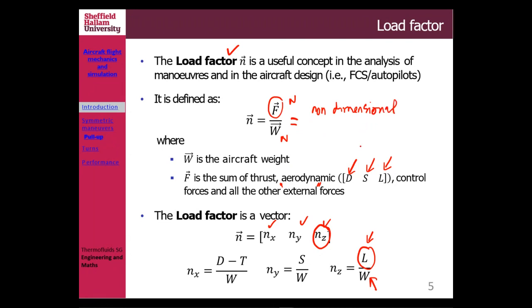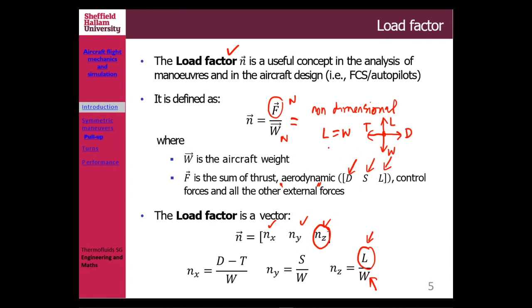For example, if an aircraft is pulling 2G, it means it needs to make twice as much lift to counteract the increase of the weight of the airplane. In a normal condition, in steady level flight, lift equals weight, and obviously thrust equals drag, right?